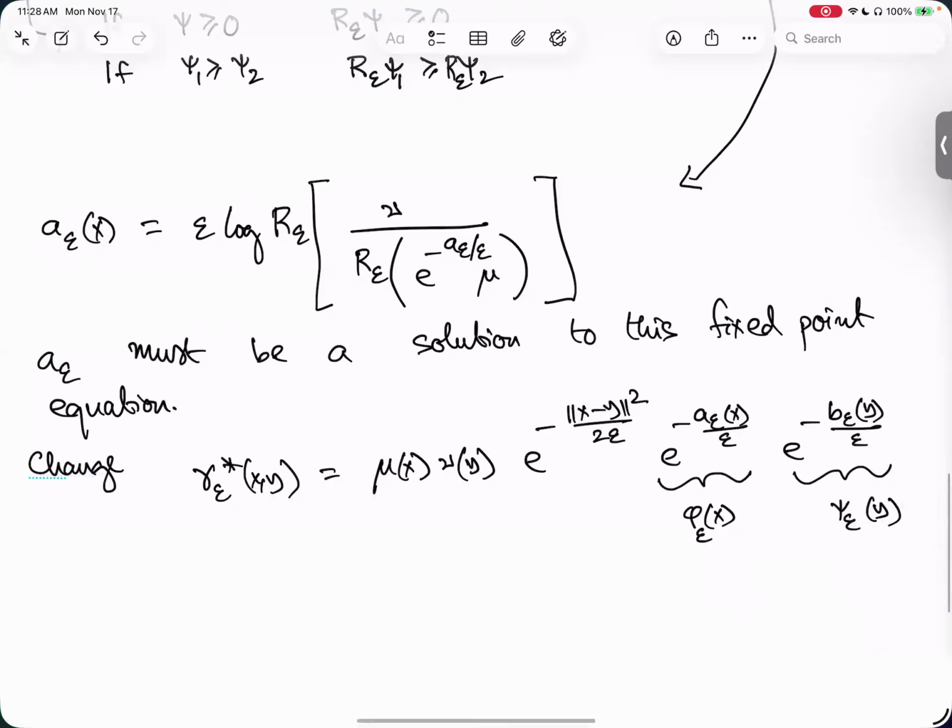So this is non-negative, and this is non-negative. Sorry, not strictly, but just greater than or equal to. And this is non-negative.